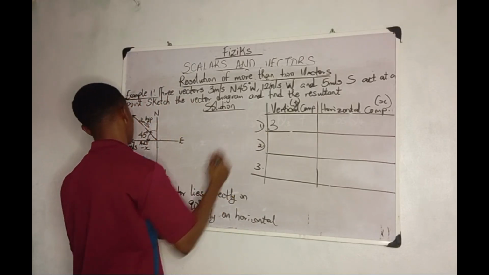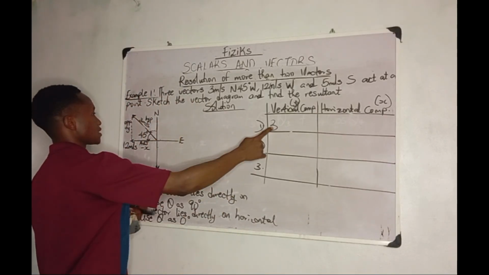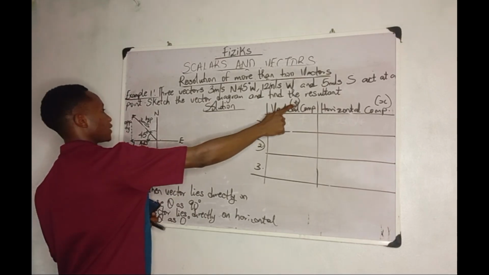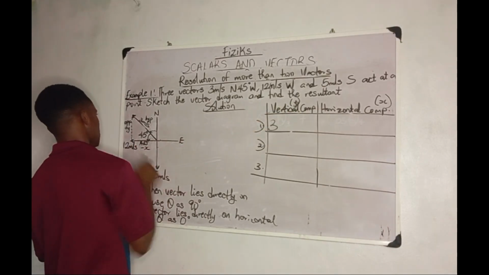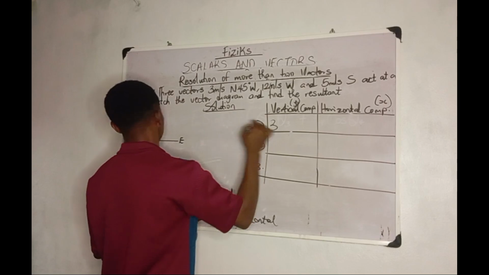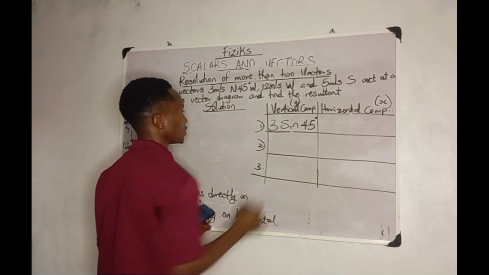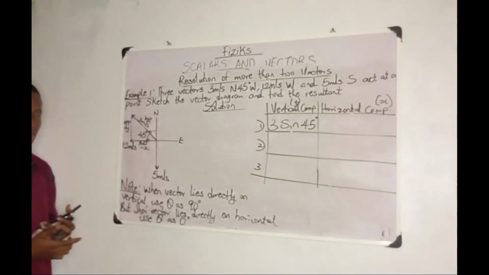That's just the rule. I'm writing 3 as positive because the y component is at the positive side. So I'll be writing 3 sine 45 degrees.